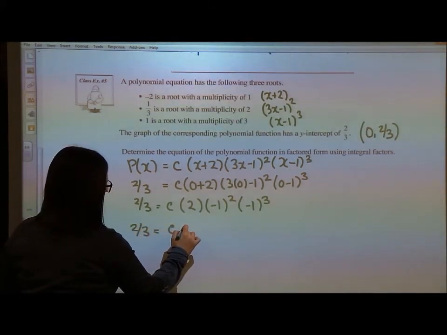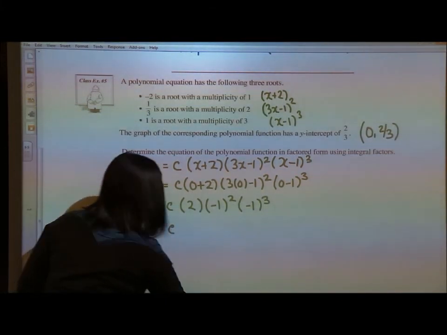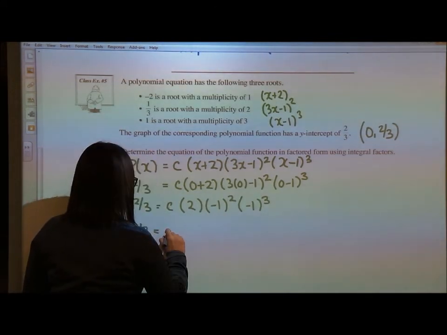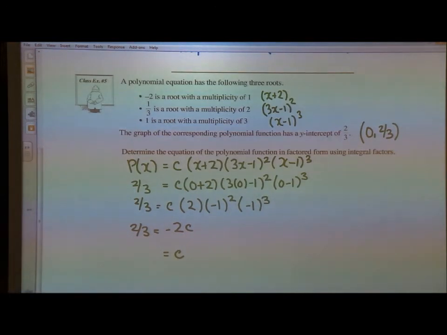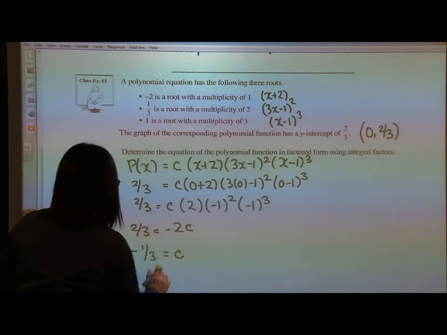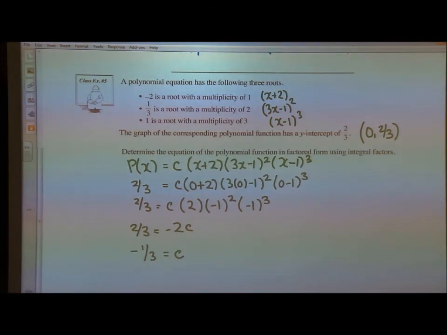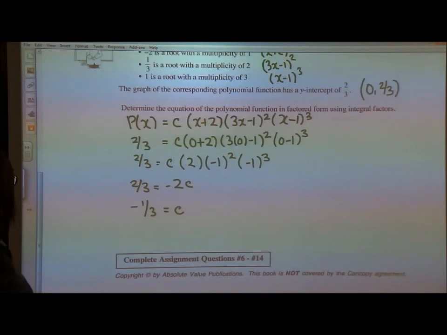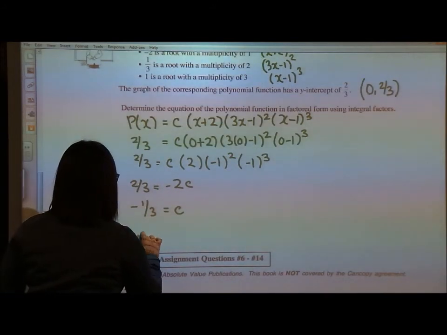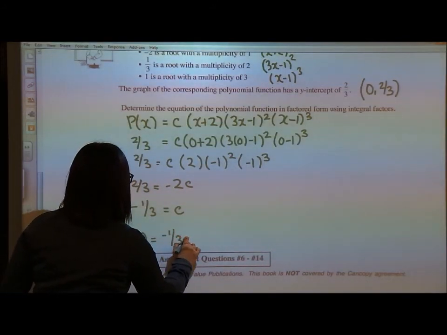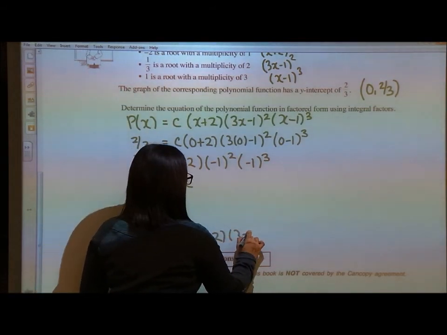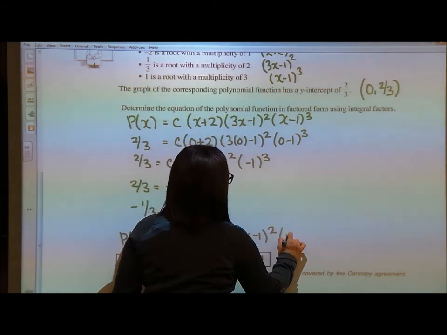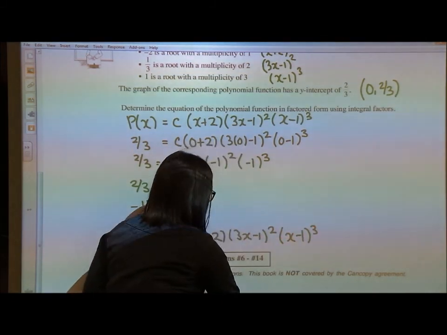I get times negative 2, right? So if I divide by 2 on both sides, I end up with negative 1/3. So then my final polynomial function would be p of x equals negative 1/3 times x plus 2, 3x minus 1 squared, and x minus 1 cubed.